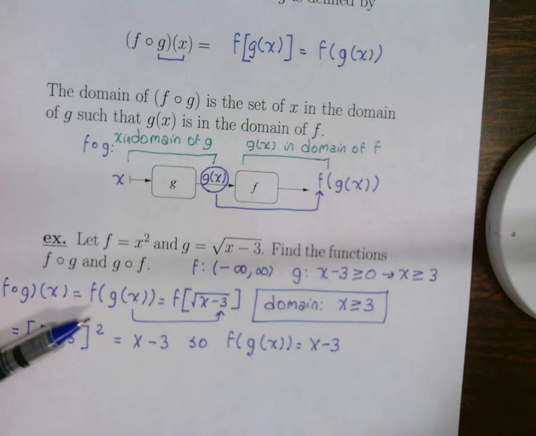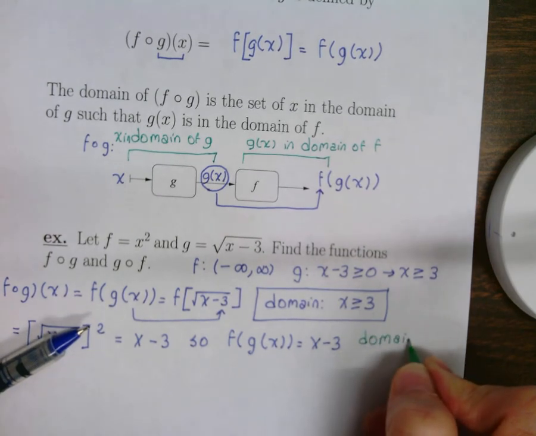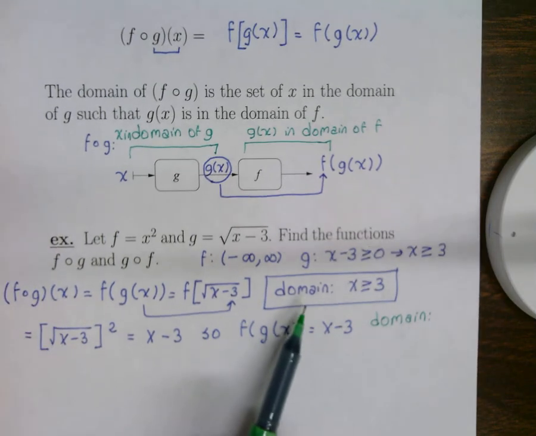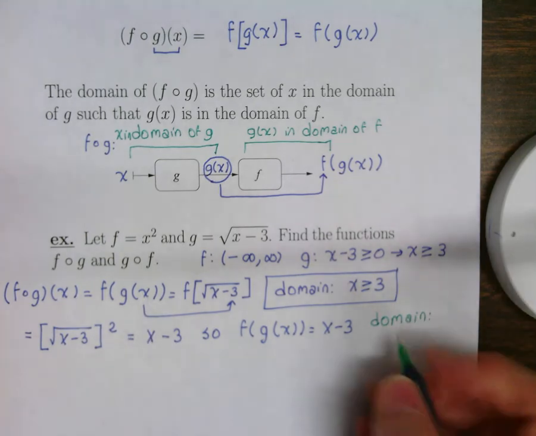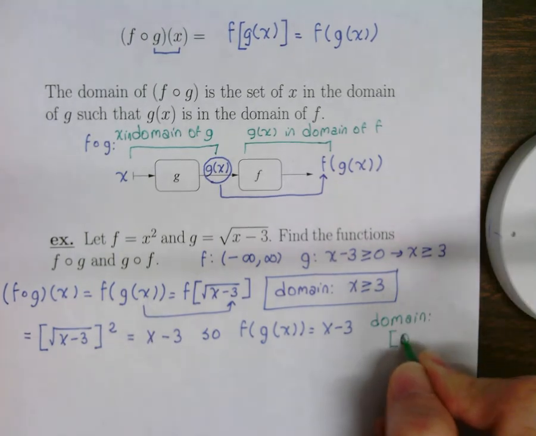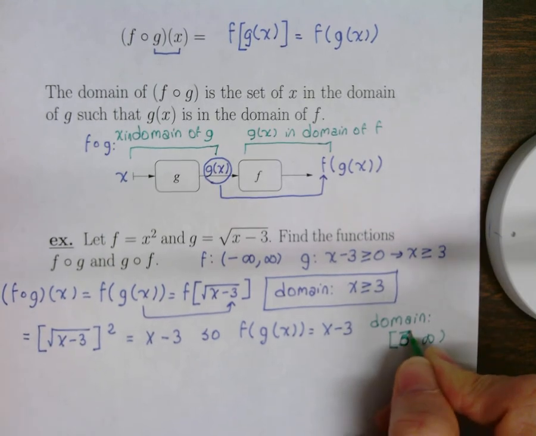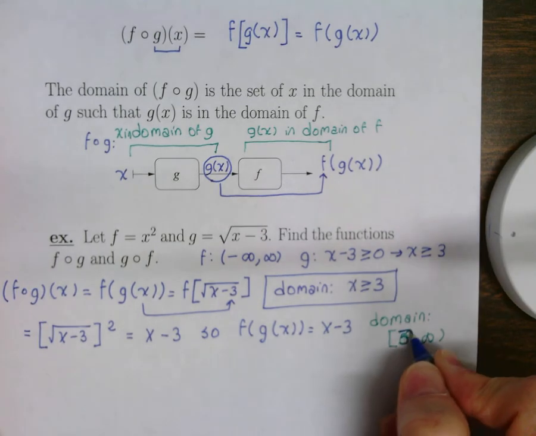And what is its domain? We have to go back to the way it was constructed. It was constructed by applying g first, so that restriction has to be there. I'm sorry, that's 3 to infinity, not 0. Let me write that as 3 to infinity.